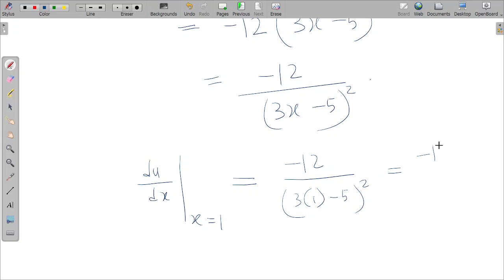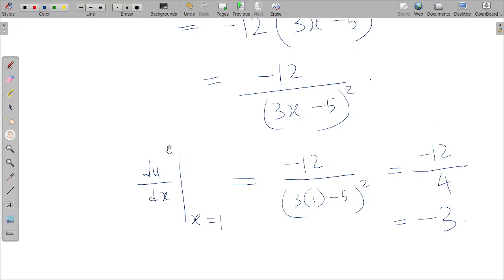This gives us minus 12 over, this is minus 2, minus 2 squared is 4. That will give us minus 3.